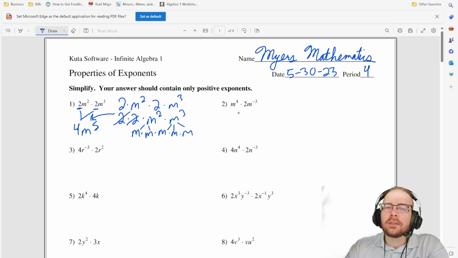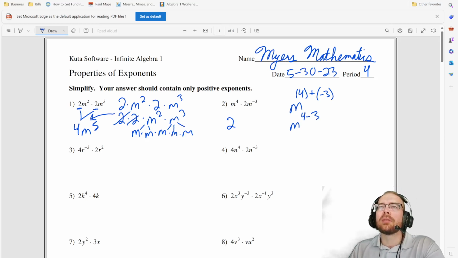So then for this one, the 2 would just be a 2. And then I would actually be taking the powers and putting them together. So it's 4 plus, and sometimes I'm plussing, a negative 3. Well, that's the same thing as m to the 4 minus 3, because a plus and a negative right next to each other without a number in between combine.